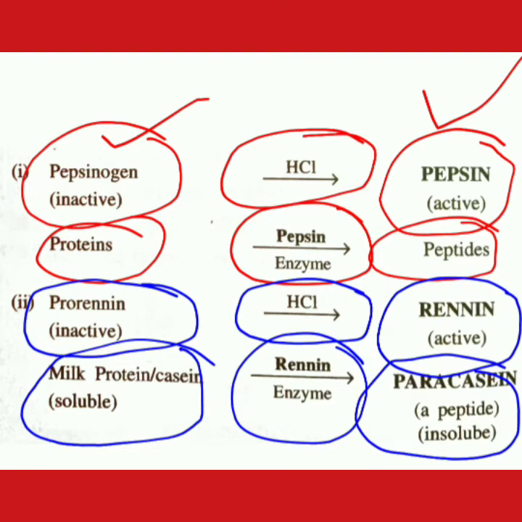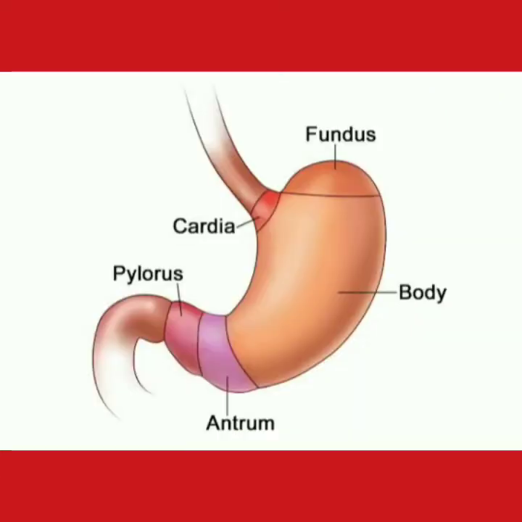The food stays in the stomach for about 3 hours and it attains a pulp-like form called chyme. And then the pylorus opens intermittently to allow chyme to move into the intestine, little by little.